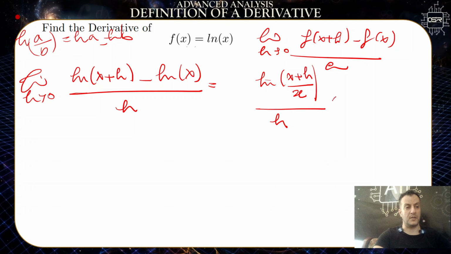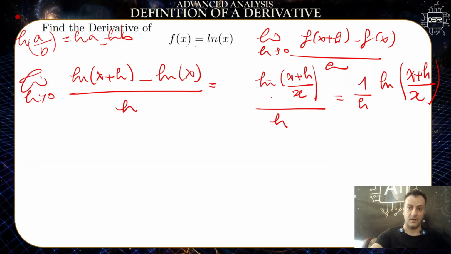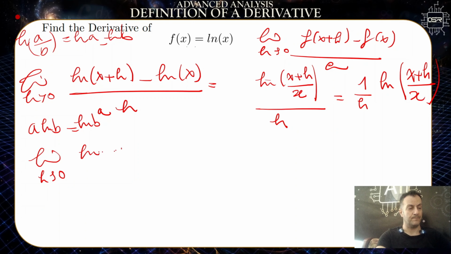So it can also be rewritten, since it is divided by h, as 1 over h times ln ((x plus h) over x). So 1 over h can be moved to the power, right? Because you know that a ln b can be written as ln b to the power of a. So this is equal to the limit as h approaches 0 of ln.